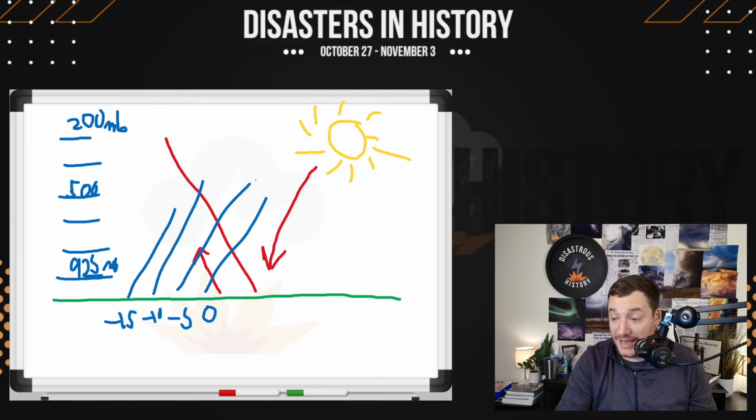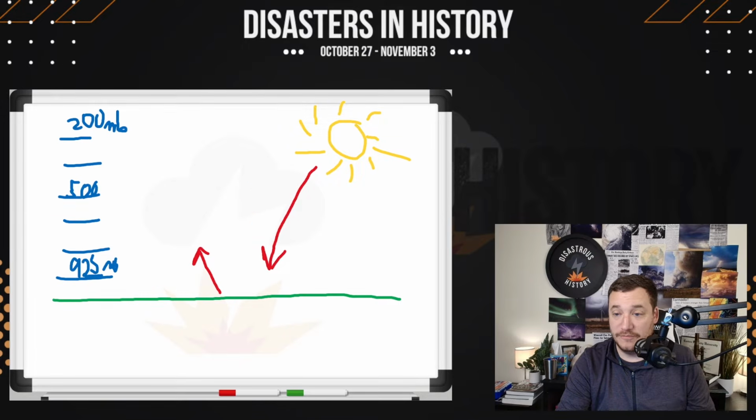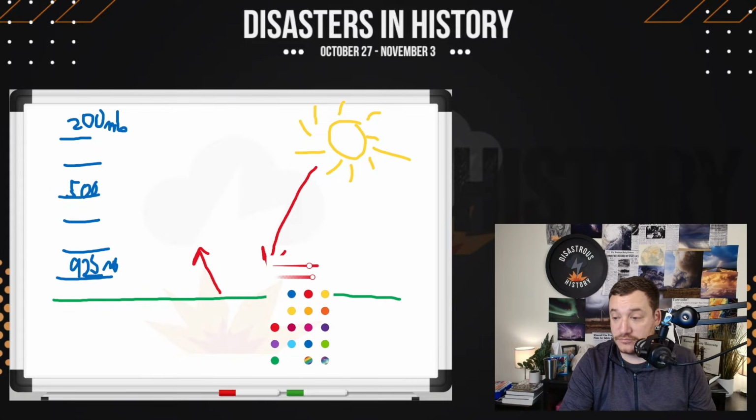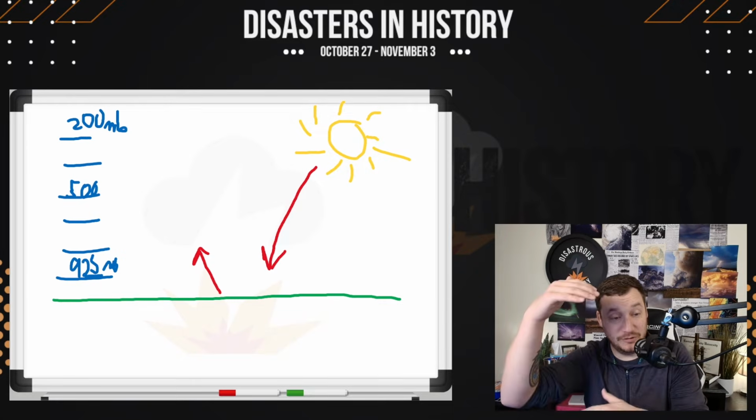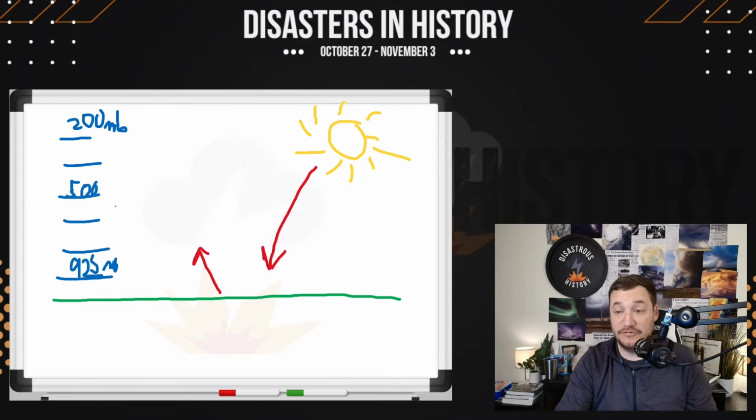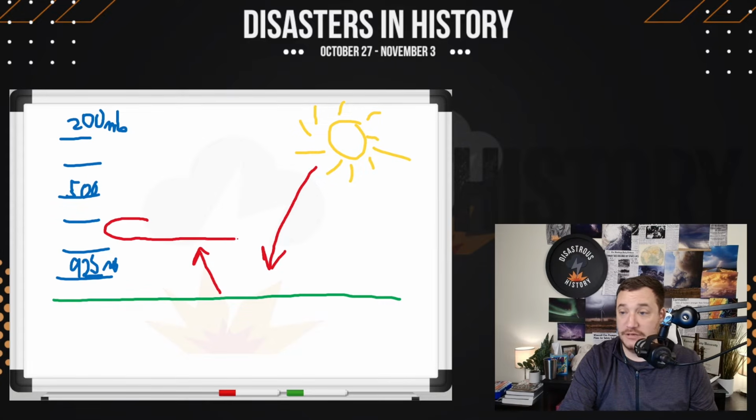However, occasionally you will have a warm air mass. Let me erase some of my stuff here. You will have a warmer air mass at a higher level in the atmosphere. Let's just say our warmer air mass is right here.